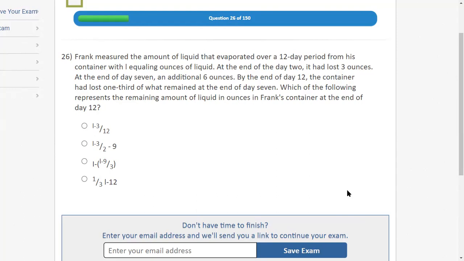By the end of day 12, the container had lost one third of what remained at the end of day seven. Okay, divided by 3. Then that means that this is... I'm going with the second one. Okay.